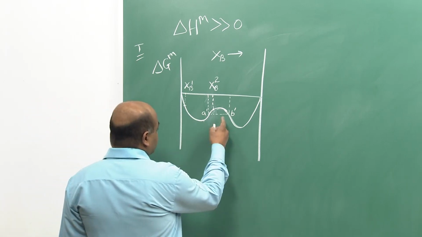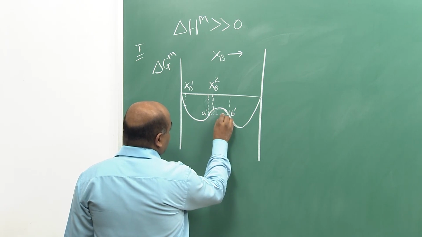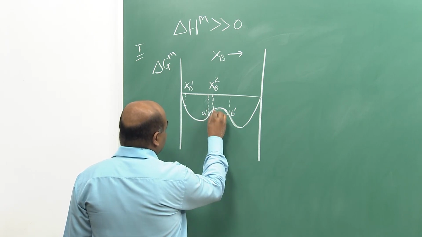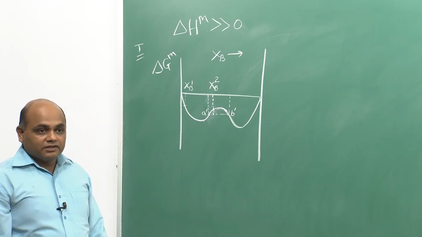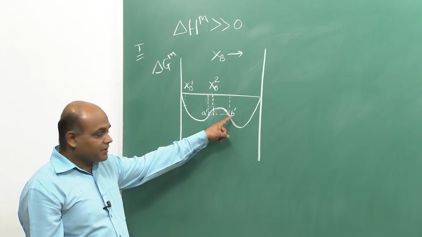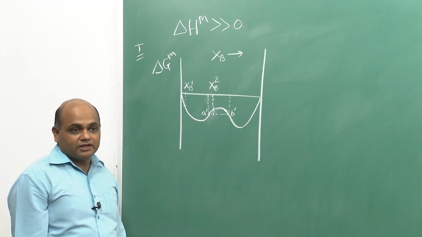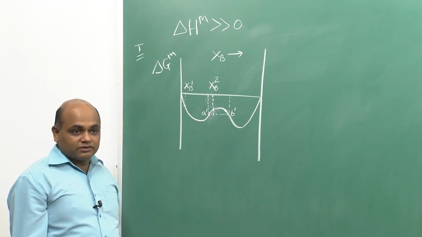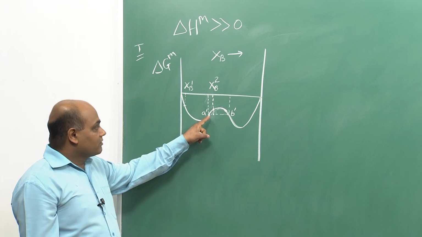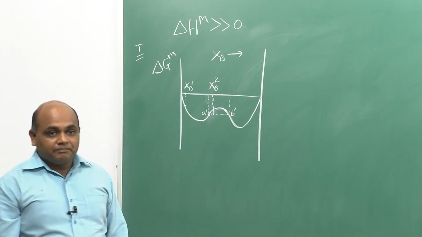The total Gibbs free energy now is lying along this line joining A prime and B prime, and where it intersects this Xb2 line. We have seen by splitting into A prime and B prime there is a decrease in Gibbs free energy, right. So, there is a tendency for this solution to split into two different solutions, one with composition which is rich in A, the other richer in B.